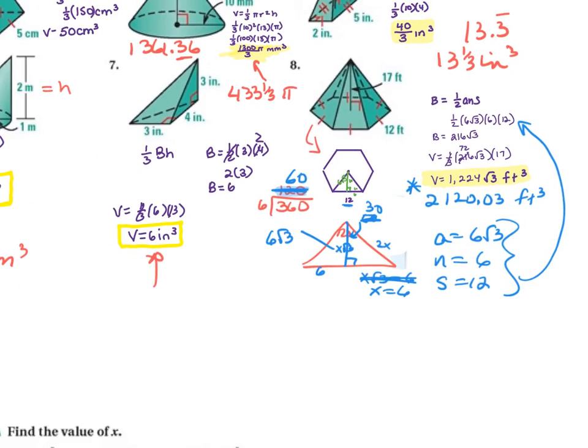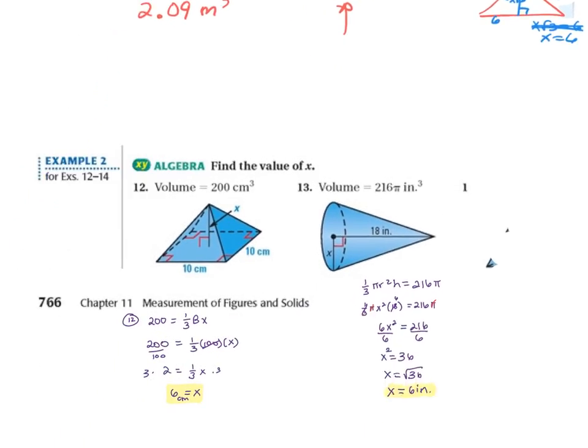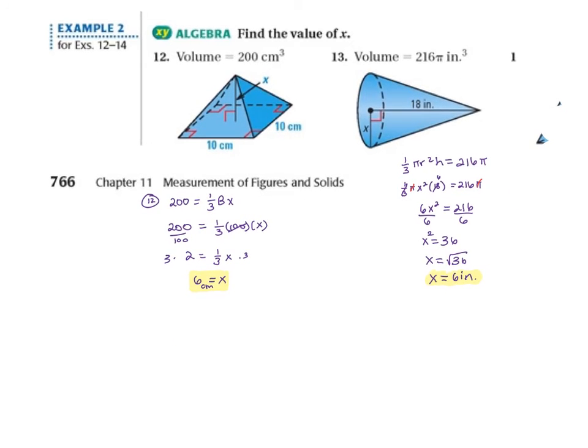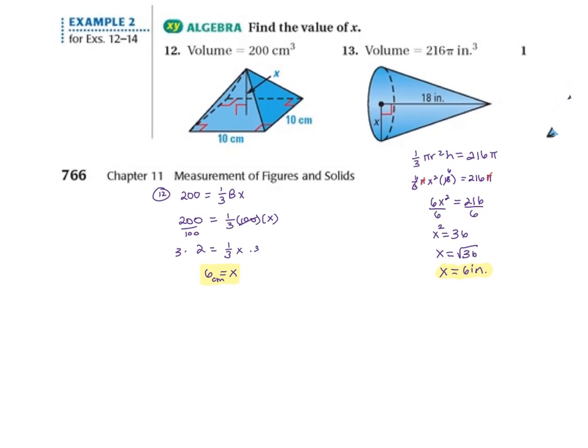Okay, let's go down to number 12. Here's 12 and 13. Now notice on 12 and 13, they already gave us the volumes calculated. So for number 12, we're looking for x, which is the height. So again, remember, volume is 1/3 base times height.